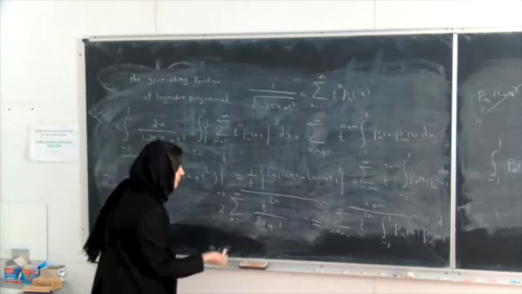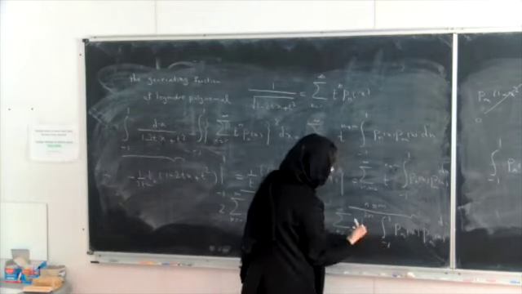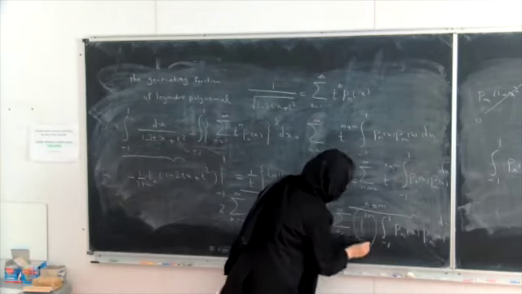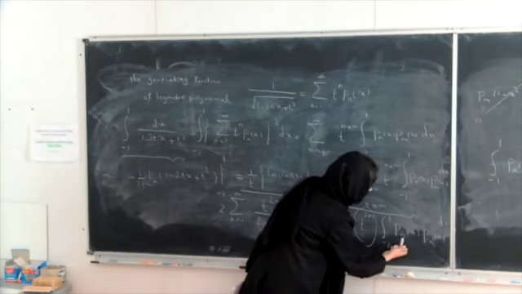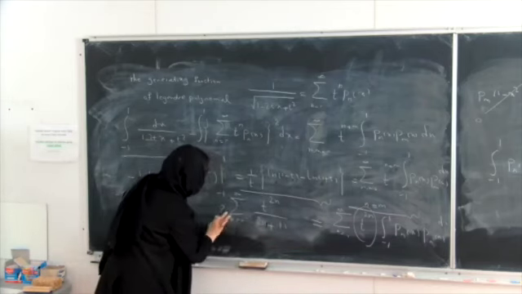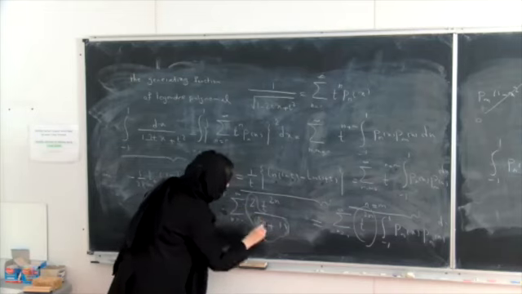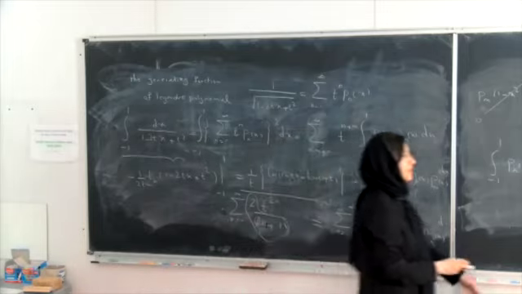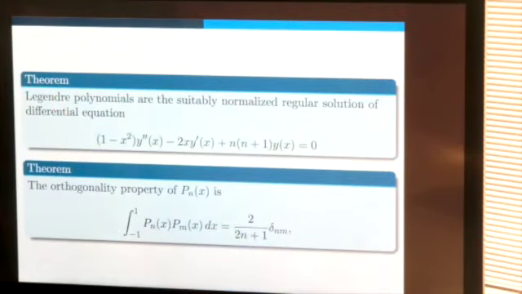So we can see here the coefficient of t to the 2n, the integral from minus 1 to 1 of Pn squared, equals 2 divided by 2n plus 1. So for n equals to m, we have this term and we complete the proof.